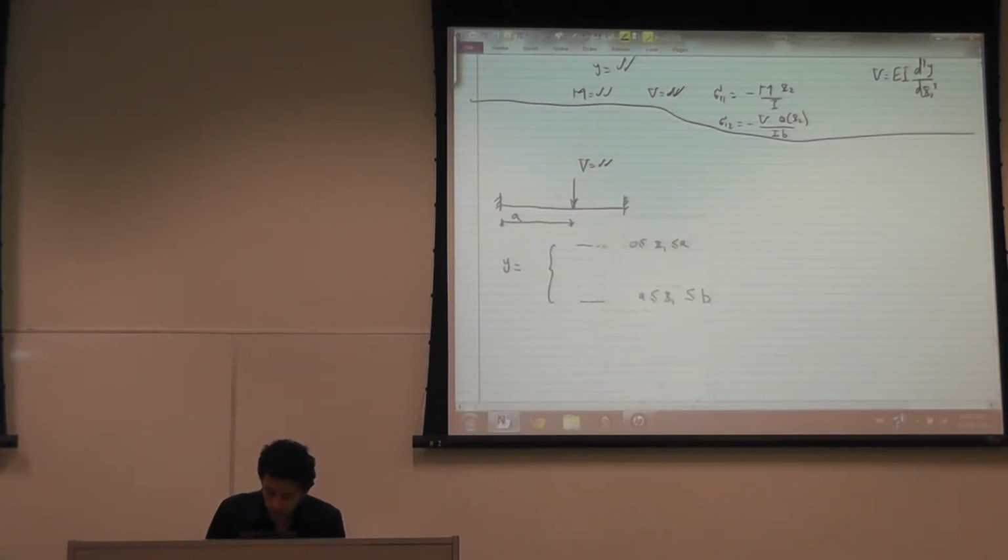Now you know the shear force diagram looks like this, and this is d3y by dx1 cubed. Because the shear force is not continuous, you have two different equations for the displacement. You have a certain displacement function for this half, and another displacement function for this half.